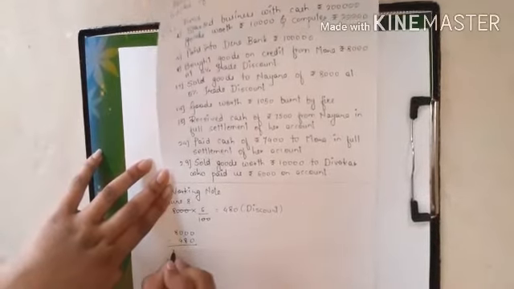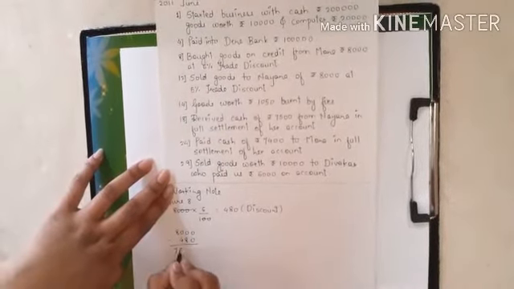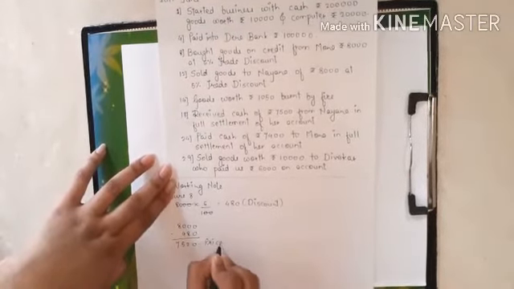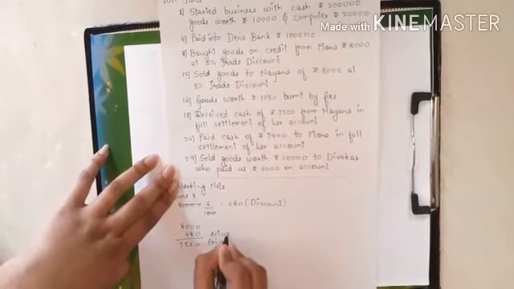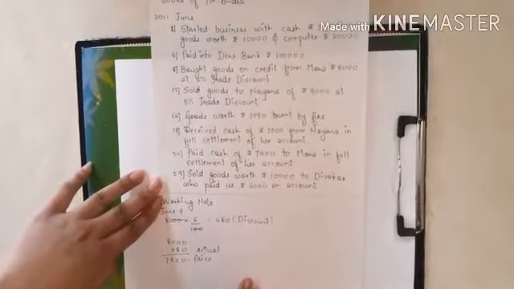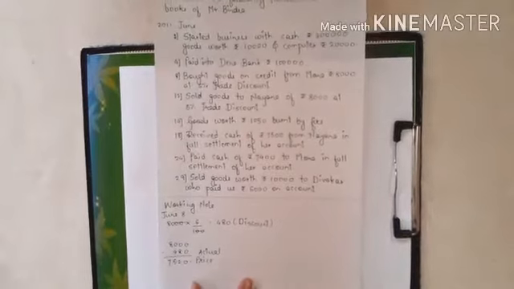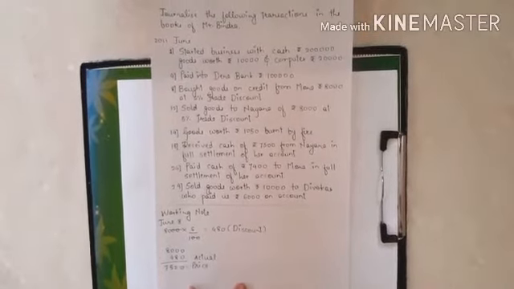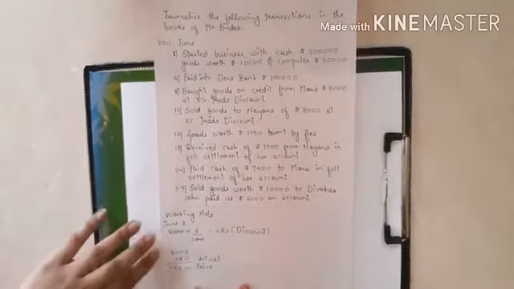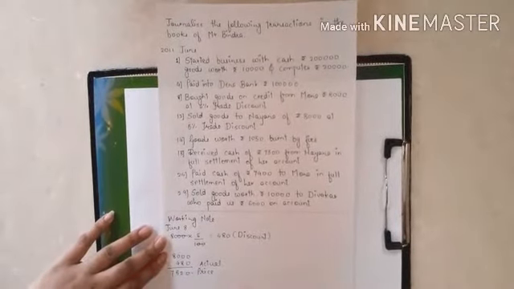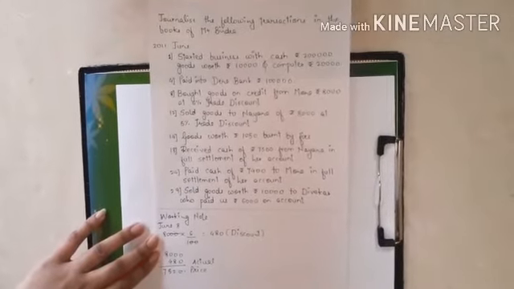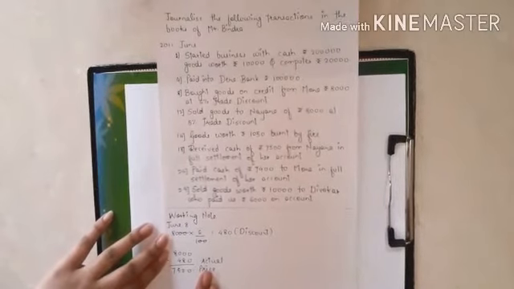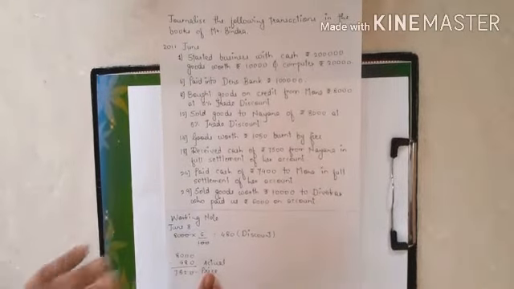So the actual price is 7,520. So this is the actual price. That is, Mr. Bindra purchased goods from Mona of rupees 7,520. So rupees 480 is the discount that is allowed to Mr. Bindra by Mona.